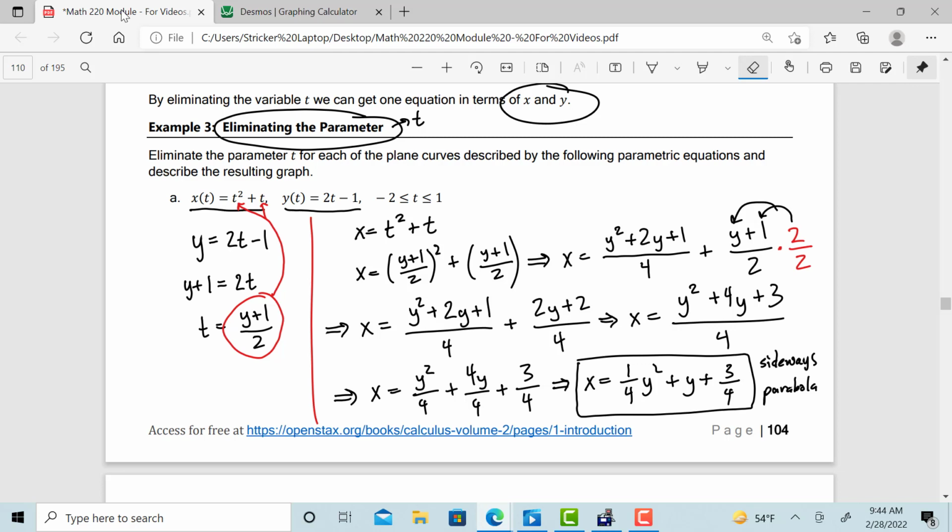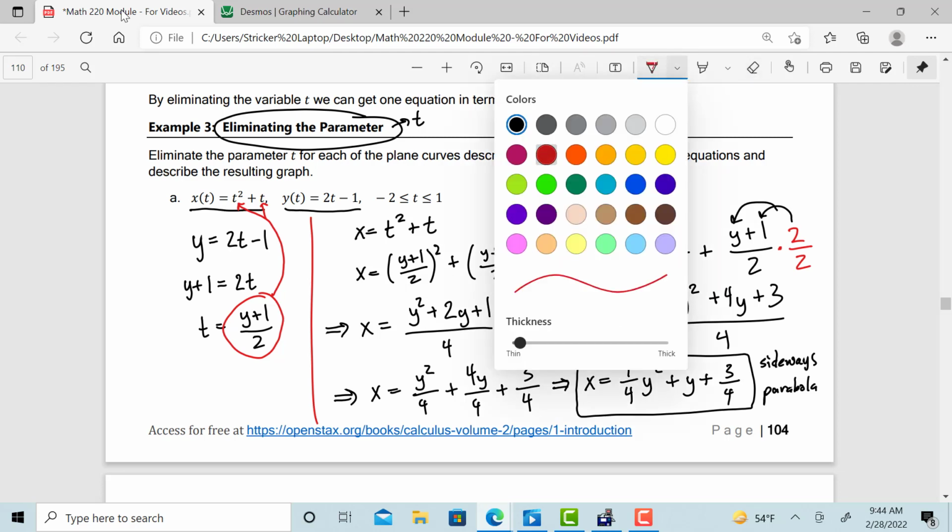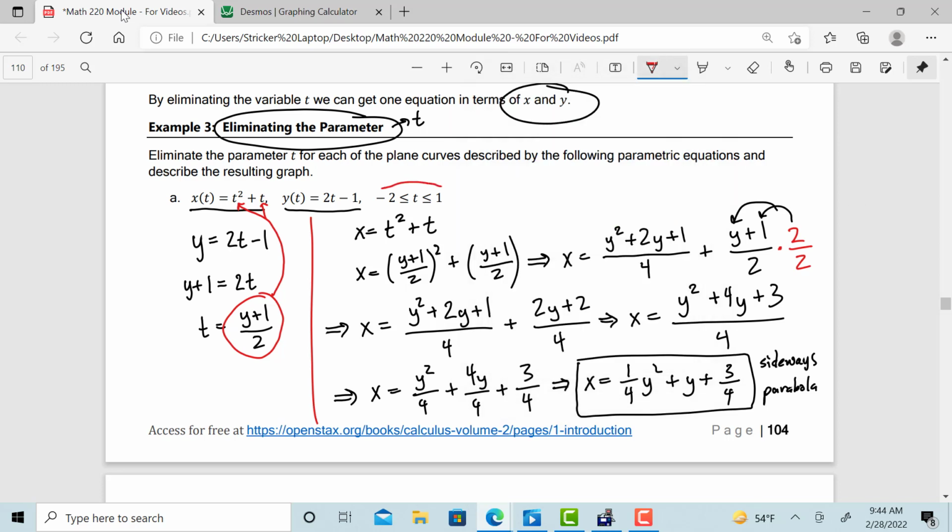It says that t went from the bounds -2 to 1. So when t equals -2, for example, we know that x is going to be -2 squared plus -2, which is 2.